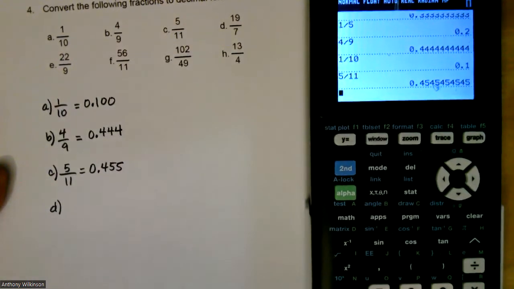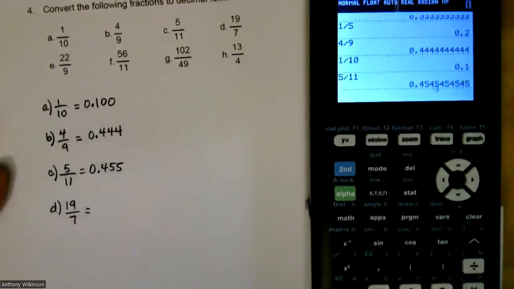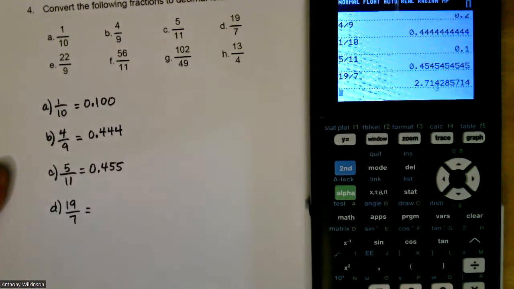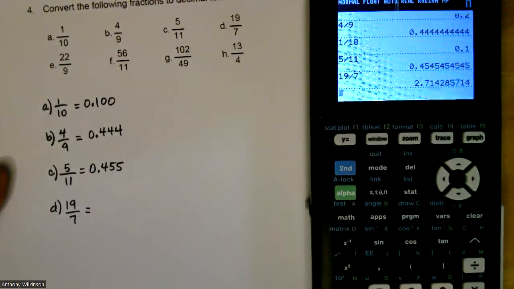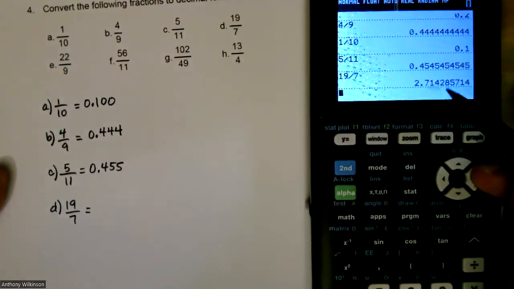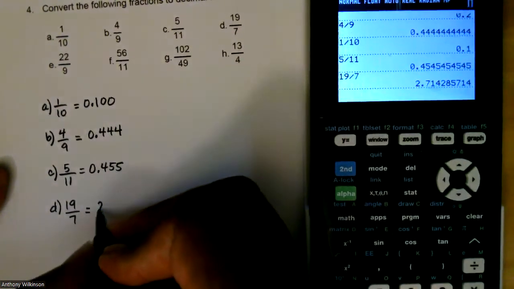All right, part D, 19/7. So 19 divided by 7. To 3 decimal places, this will be 2.714. The third digit is a 4. To the right of it is 2. The 4 remains the same, so it'll be 2.714.